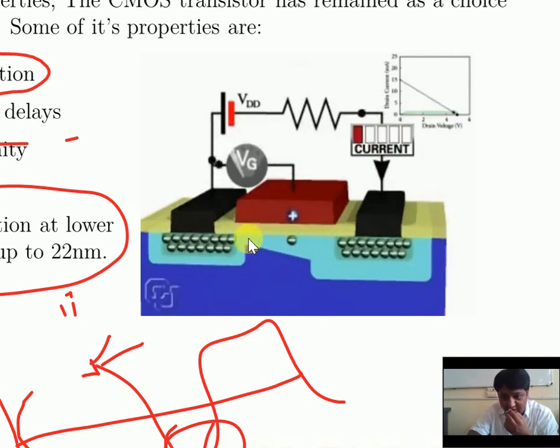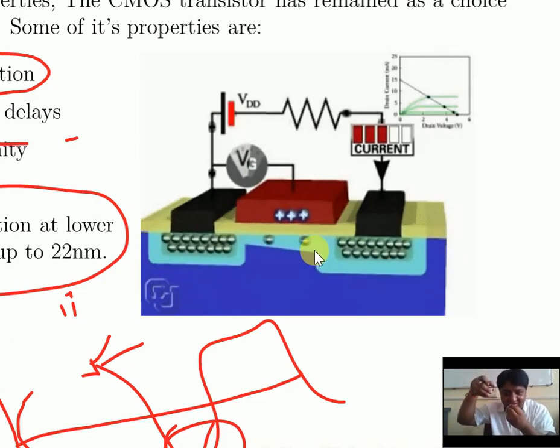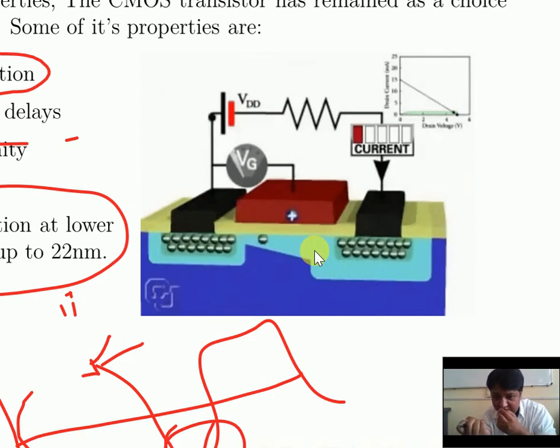At first there is a single electron, then you increase the gate voltage and there are 2 electrons, then more. So as you keep increasing the gate voltage, more electrons appear just below the silicon oxide, and that will help in conduction between source and drain.